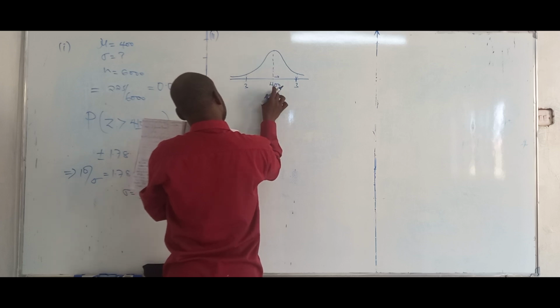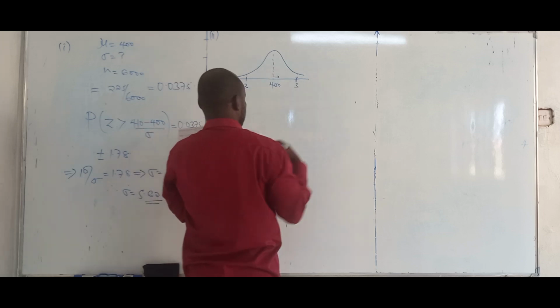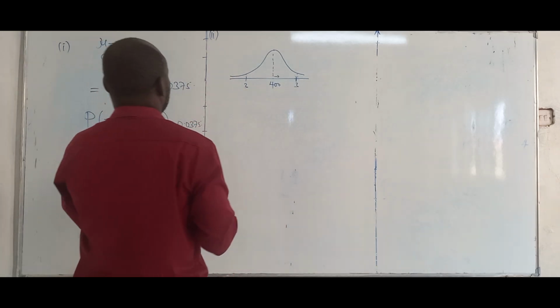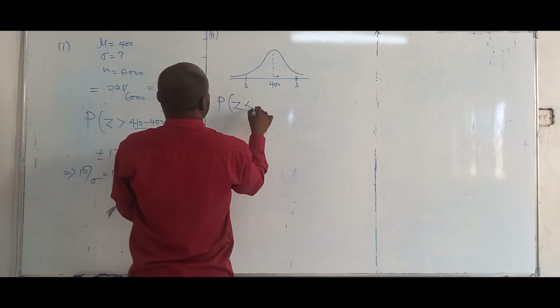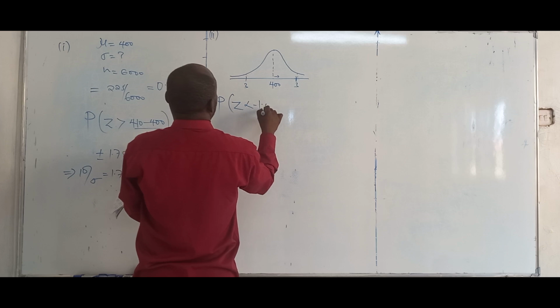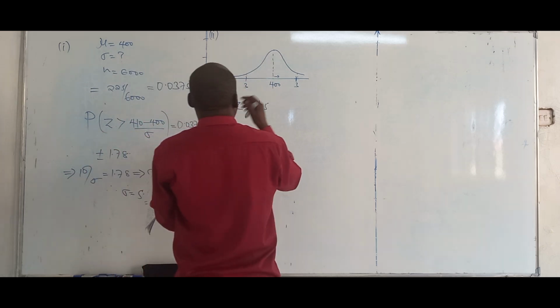Ones which are less than the mean by 1.5 will be this end, and ones which are more than will be that end. So in effect, what we are looking for is the probability that Z is less than negative 1.5. That will represent from this end to that end.